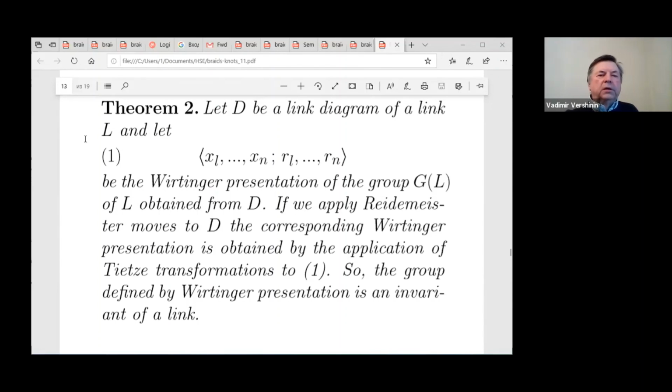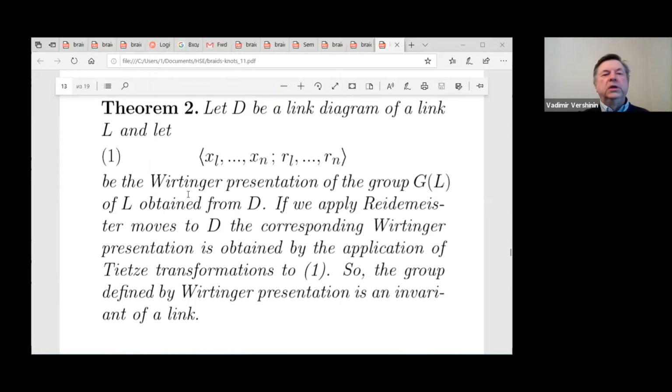So we now can formulate this a little bit differently. Suppose you have a link L and its diagram D, but just by other projections anyway, you get another diagram D prime. But we know from the theorem, maybe it's called the Reidemeister theorem, that the diagram D and the diagram D prime can be connected by a sequence of Reidemeister moves.